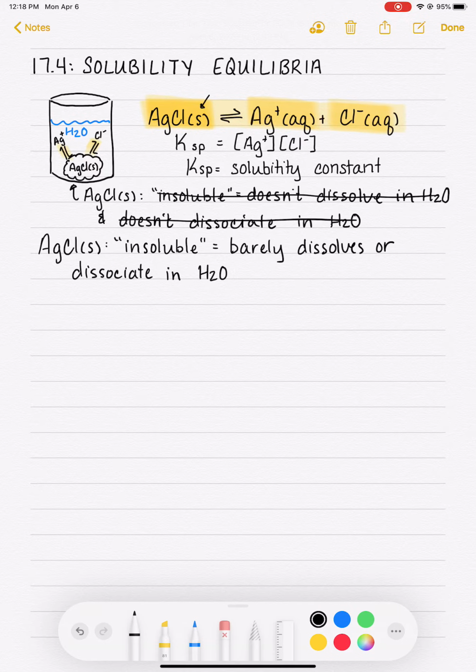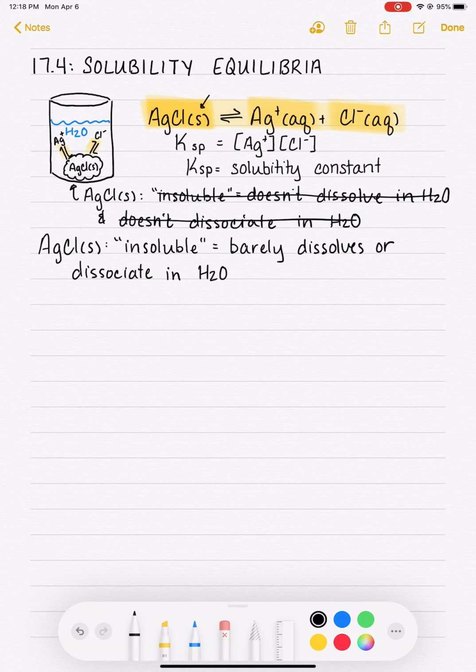So right now, because you've done so much with section 17.3 already, all that I want you to do is just write these equilibrium expressions, these KSP expressions, and that's it. We're not going to do anything more hardcore than that yet. We'll save that for later.